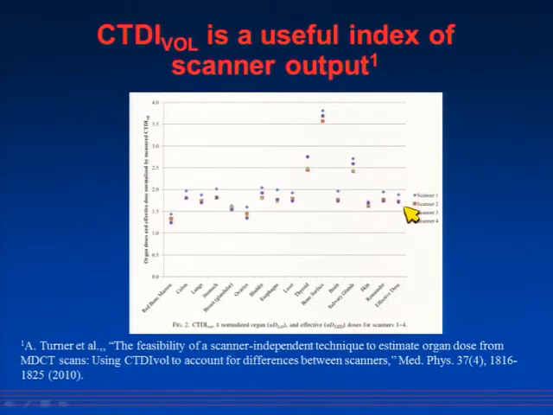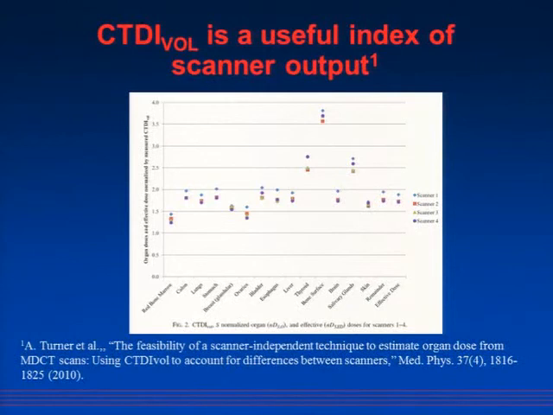You get the same organ doses regardless of the scanner, as long as you normalize to CTDIvol. What that means is CTDIvol is a very good indicator of machine output. It's not a good indicator of patient dose. It's a good indicator of dose to a specific cylinder, using the techniques that you're using on that scanner.